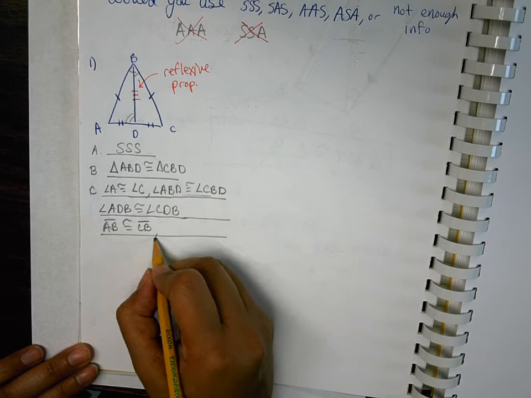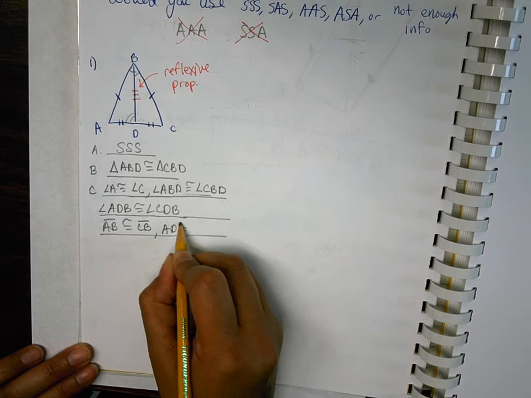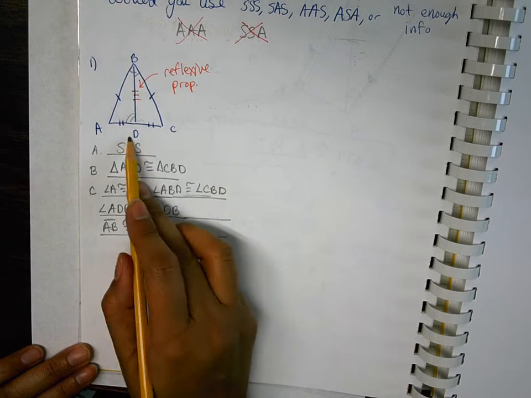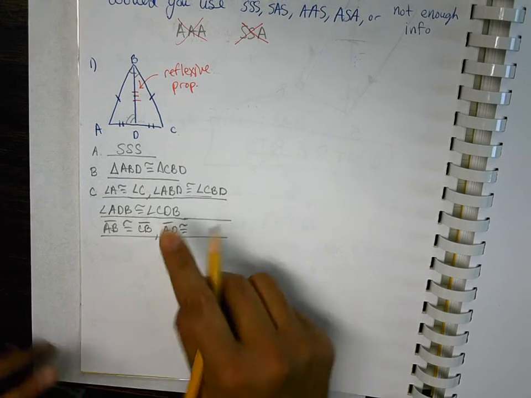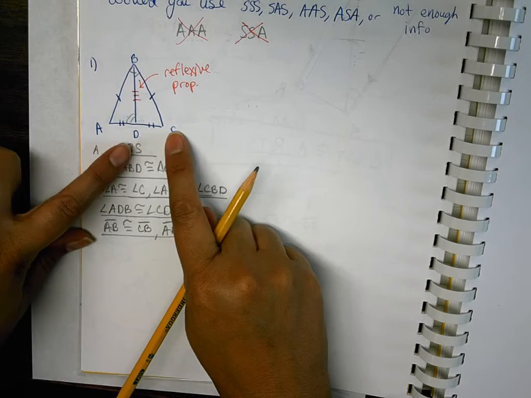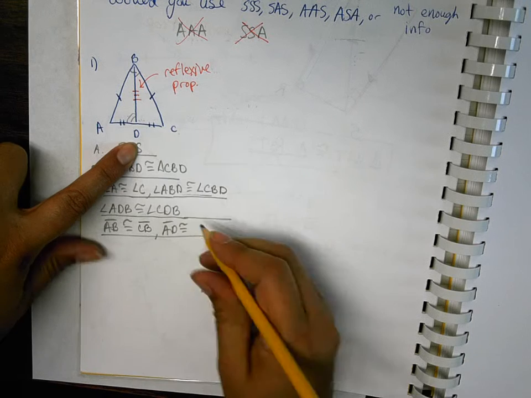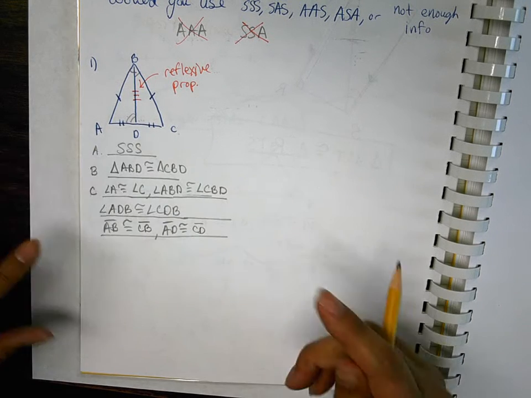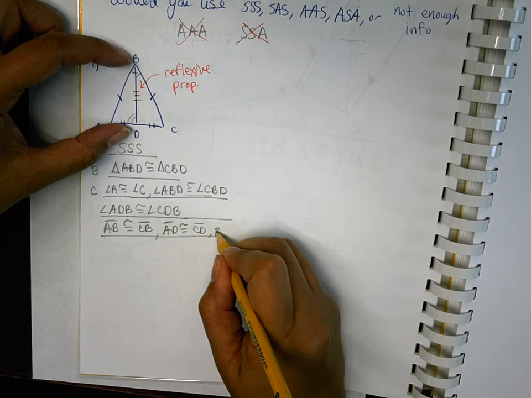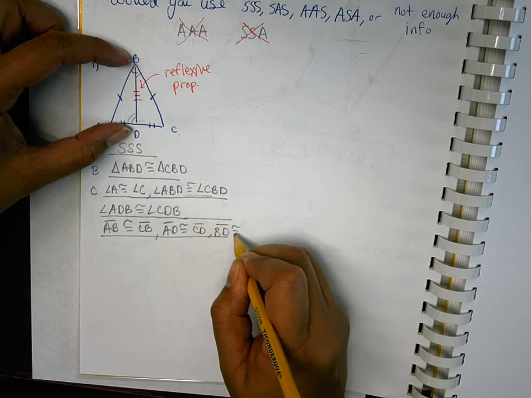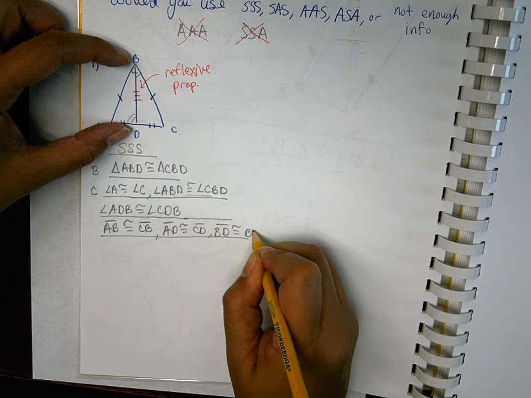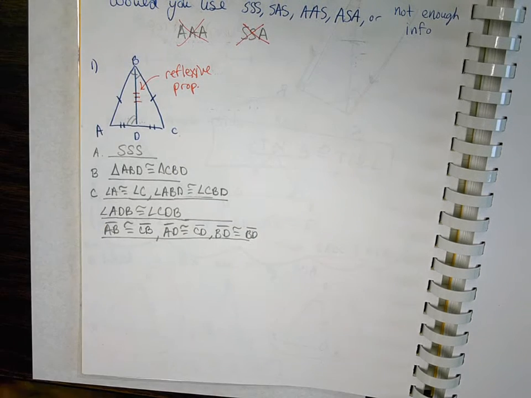AD is congruent to CD. And BD is congruent to BD. And what's the reason? Because of the reflexive property.